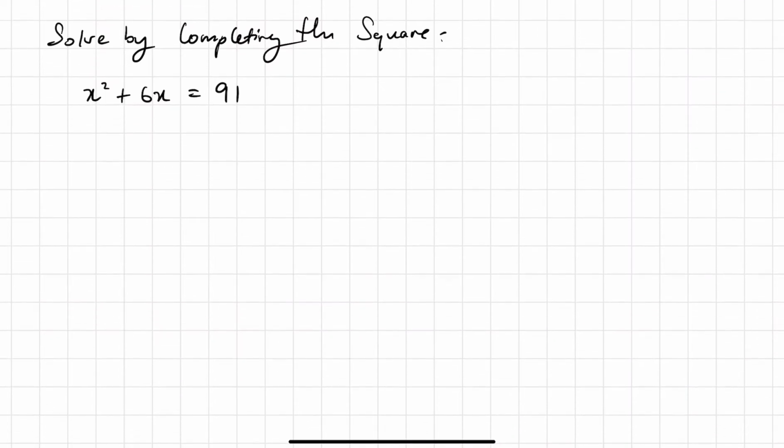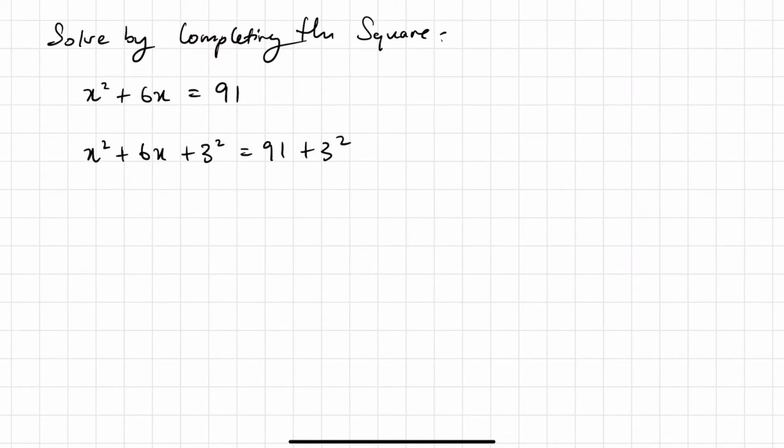Okay, so if we're going to try to solve this question, let's look at the coefficient of x again, which in this case is 6. If you half that number, it's 3, and we're going to add that on, right? So x squared plus 6x plus 3 squared. And let's add 3 squared to the other side as well.